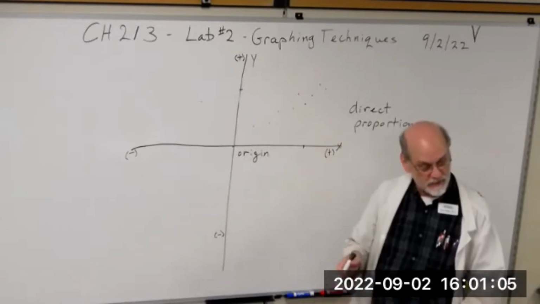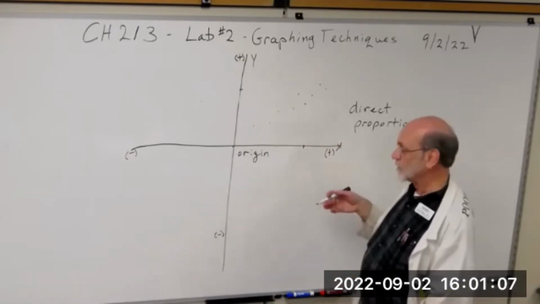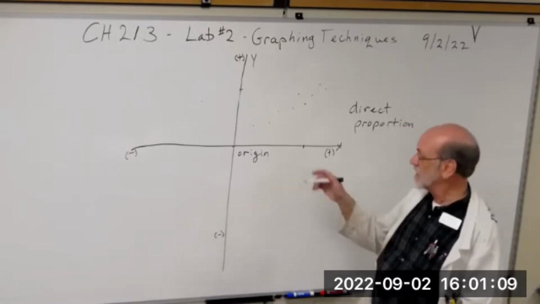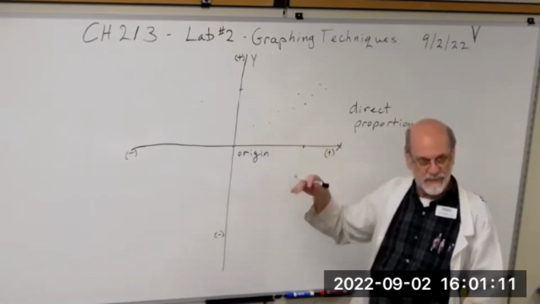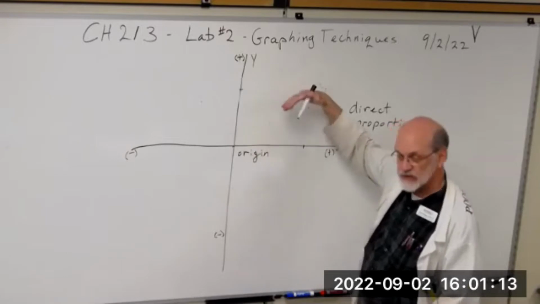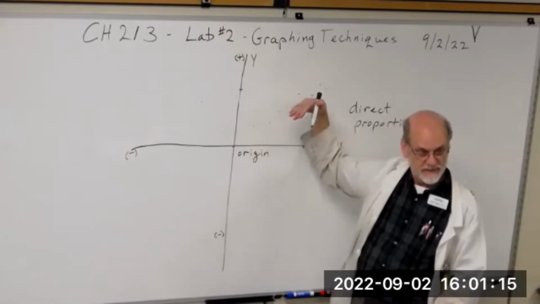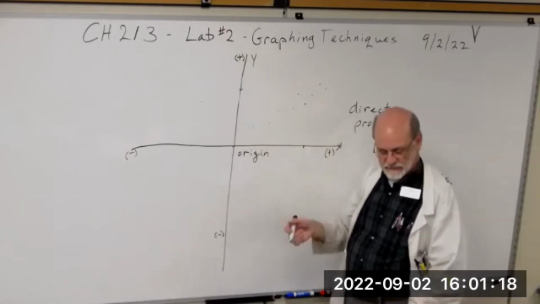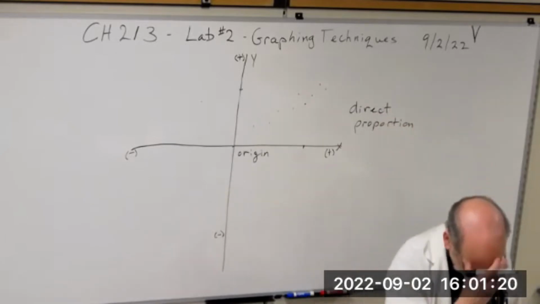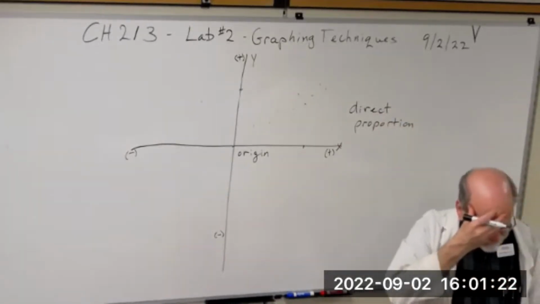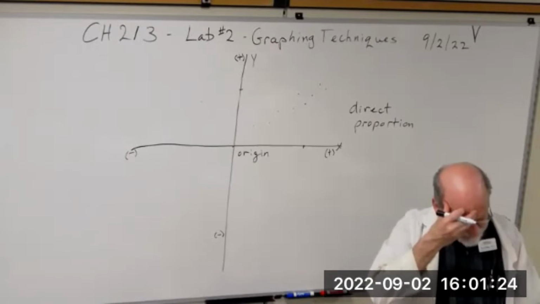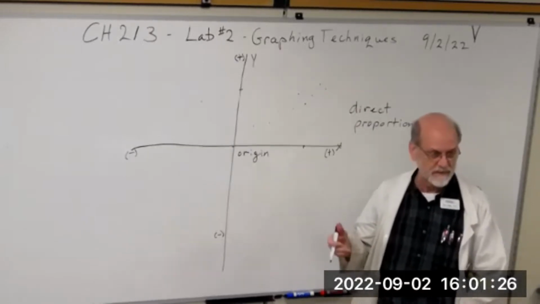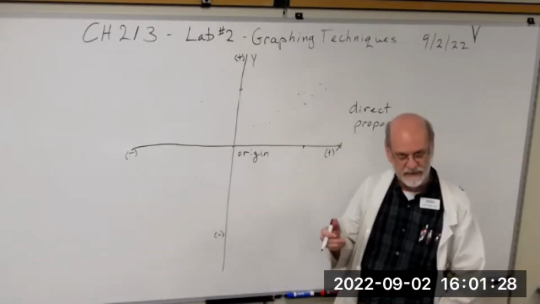It's not exact, right? There's experimental error. But we could draw a line that minimizes the variation from the line to each of the points. That's what we do when we draw a best fit line or a best fit curve to the data.